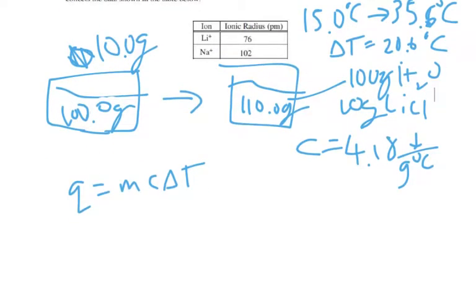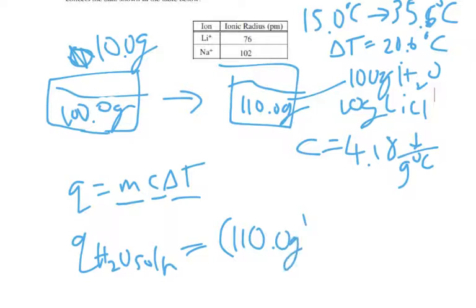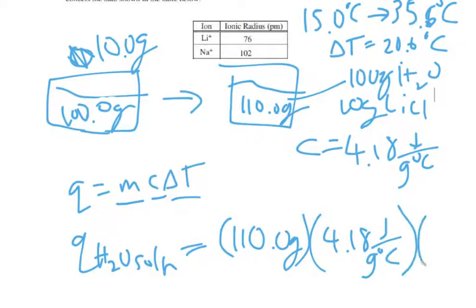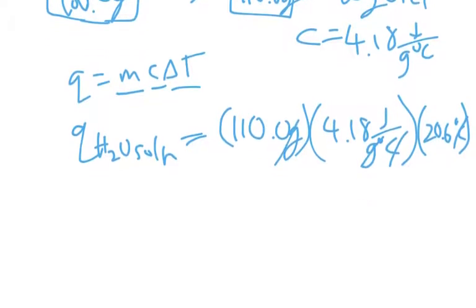So the heat absorbed by the solution will be mc times delta T. So Q of the solution is equal to the mass of the solution, 110.0 grams, times the specific heat for the solution, which is 4.18 joules per gram degree Celsius, and the delta T is 20.6 degrees Celsius. And notice that your units cancel out and you're left with joules.